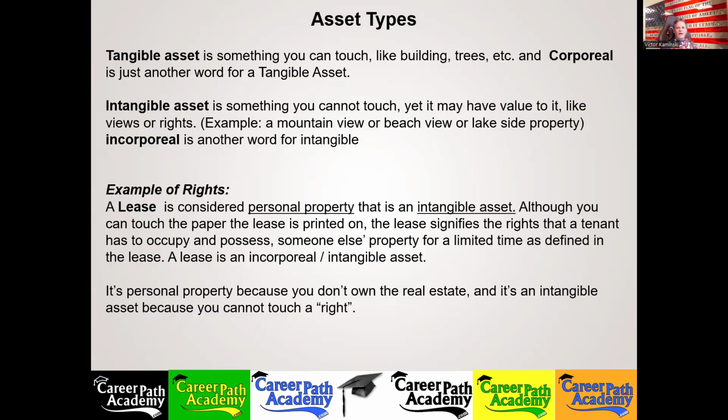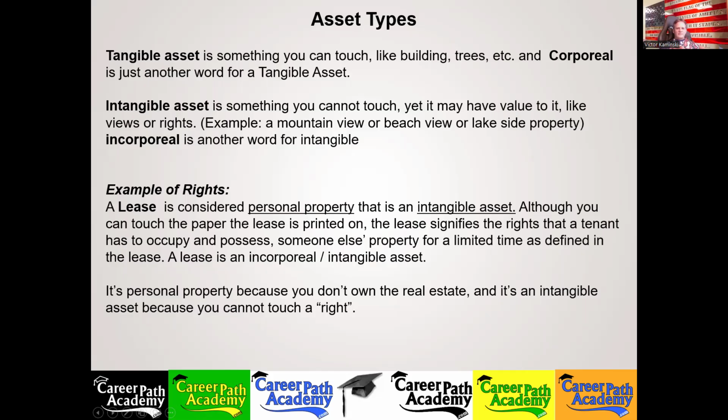However, it still may have value, like a beautiful ocean view or a mountain view. Can a nice view increase the value of your real estate? Yeah, absolutely. But you can't touch a view. You also can't touch a right. So it's an intangible asset.